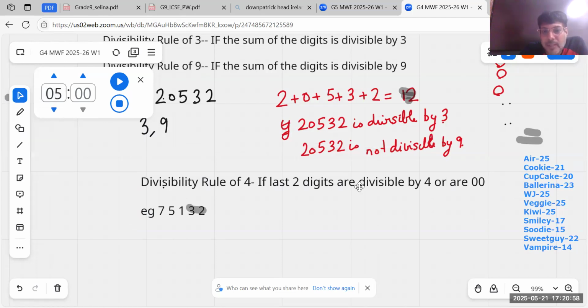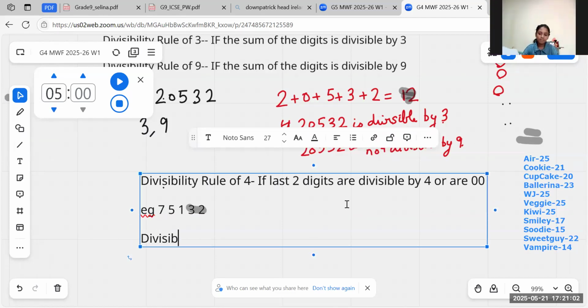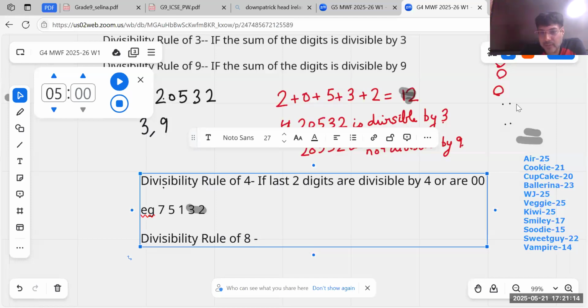So who will speak the divisibility rule of 8? Janaya beta, what are you writing? Sir, I'm writing the divisibility rules so that I can revise. No beta, don't write.